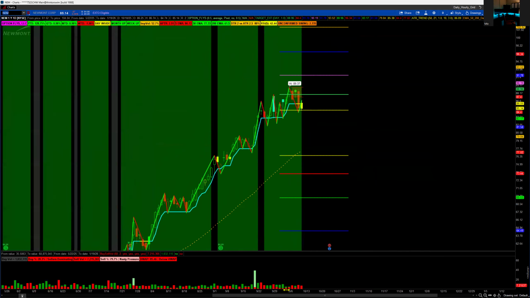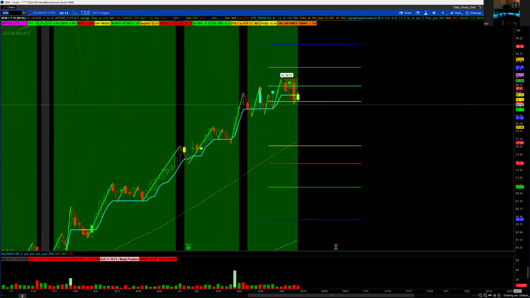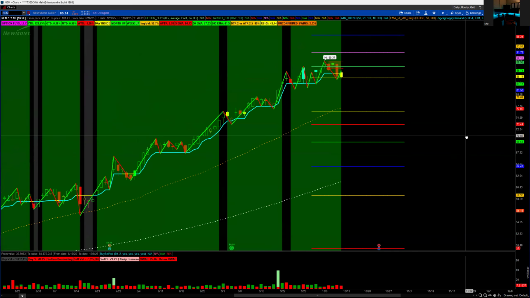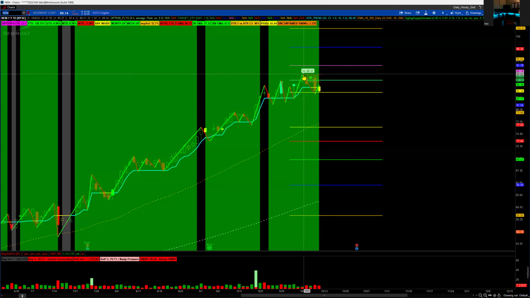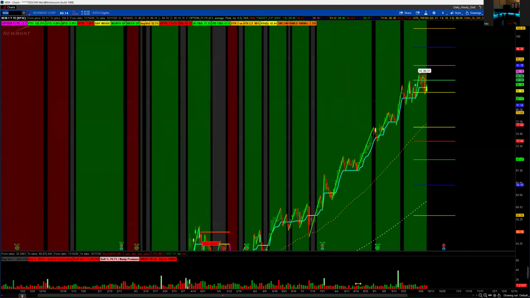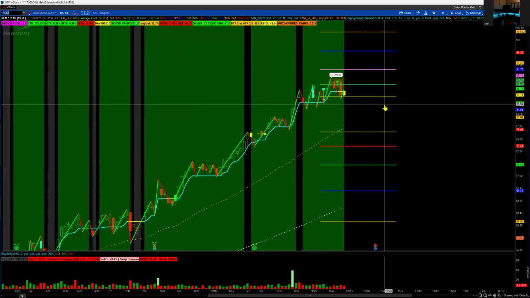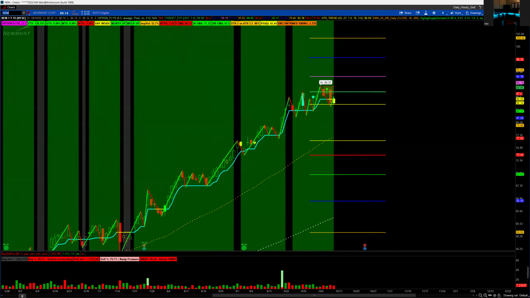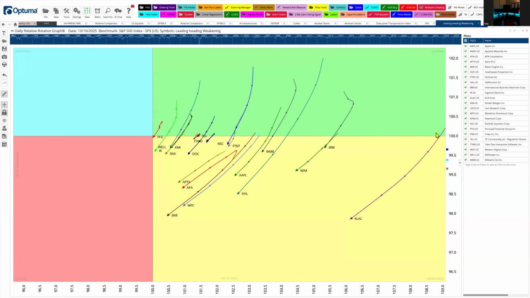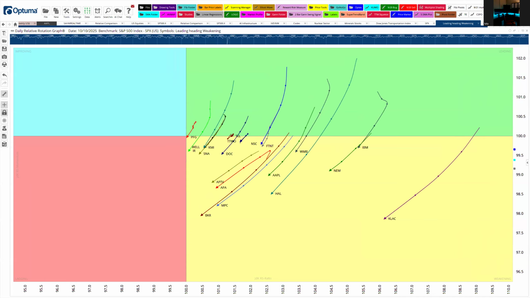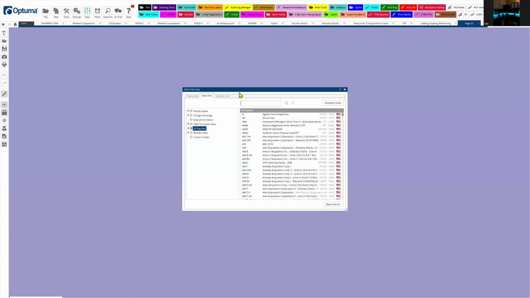Yes, Newmont is good because gold is pretty good. So it's okay. Newmont is fine. It's going to take a little bit of a pause. Gold might do that as well.